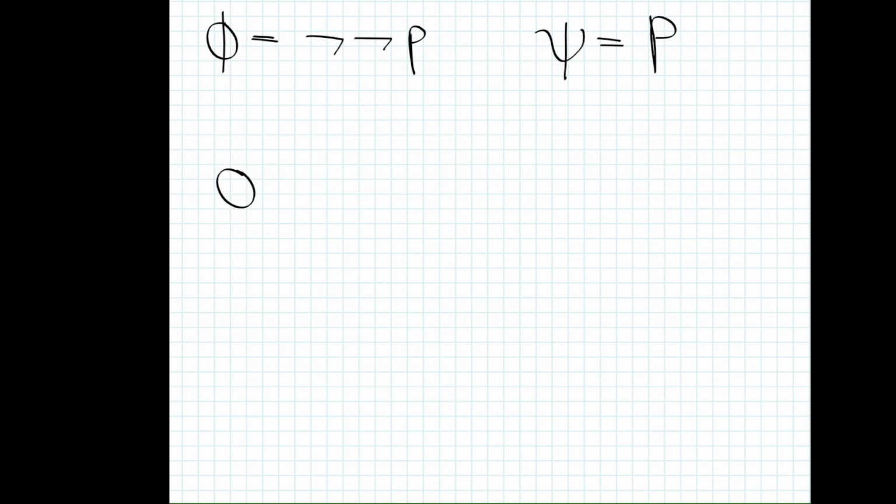There are people that will try to say, let's say that this formula P and this formula, they will try to confuse you by asking, is this formula equal to this formula?